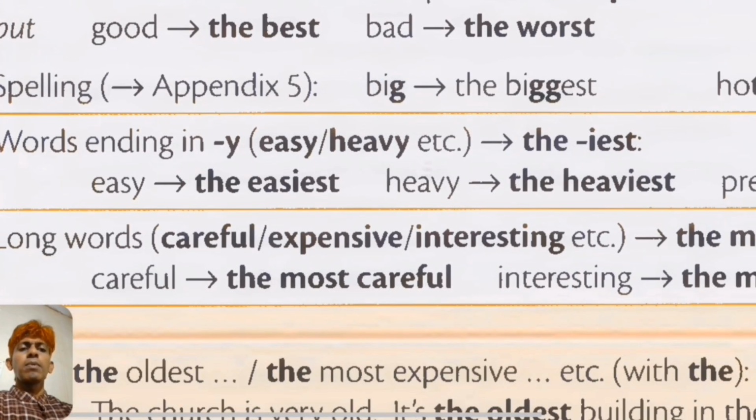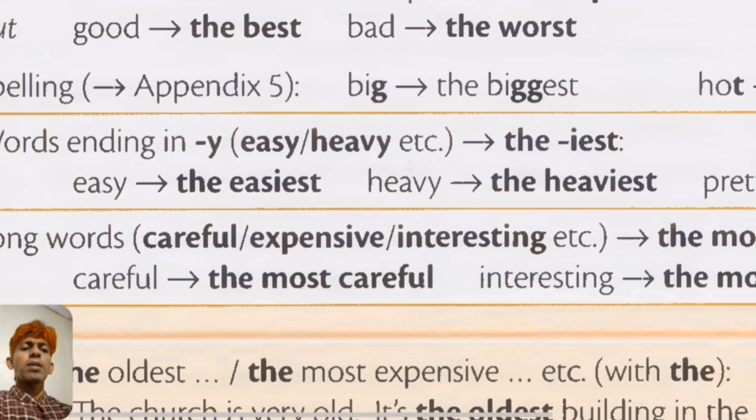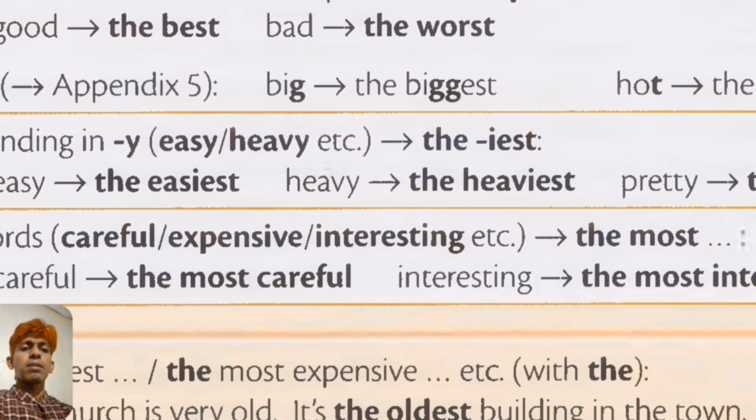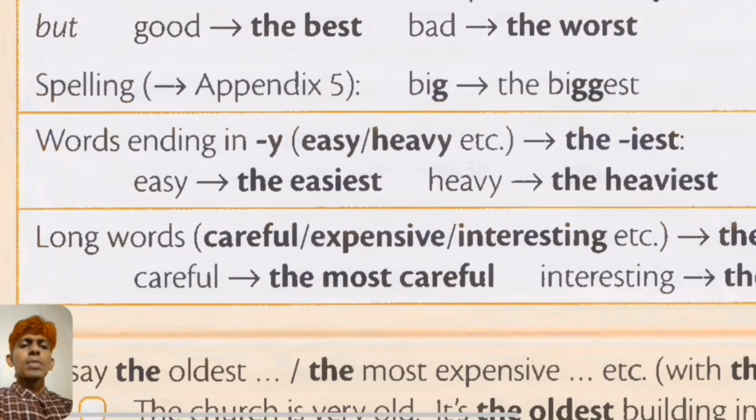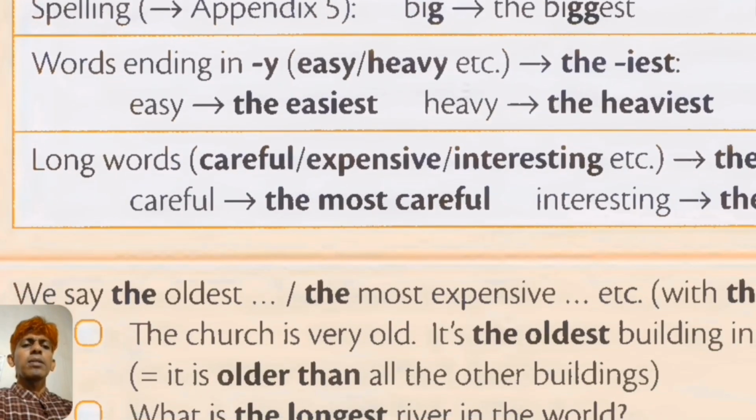Spelling, you can see Appendix 5. Big, the biggest: we use double G. Hot, the hottest: double T. Words ending in Y, easy, heavy, etc.: we remove Y and add -iest.